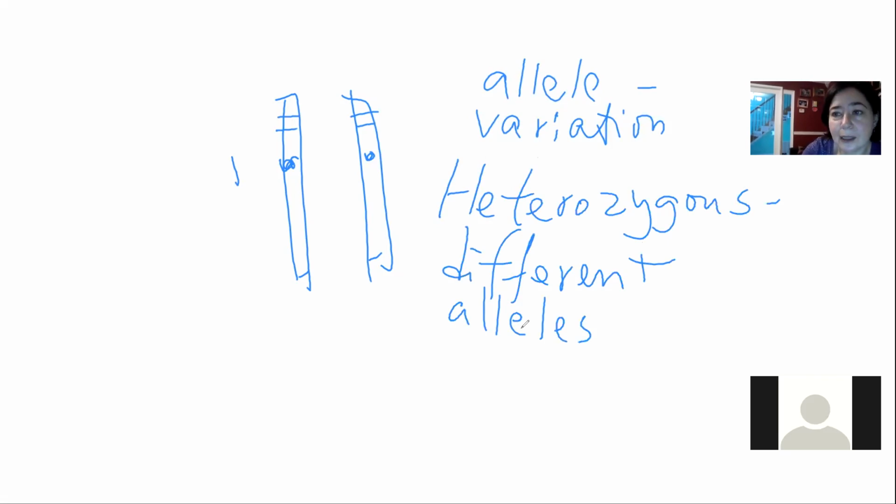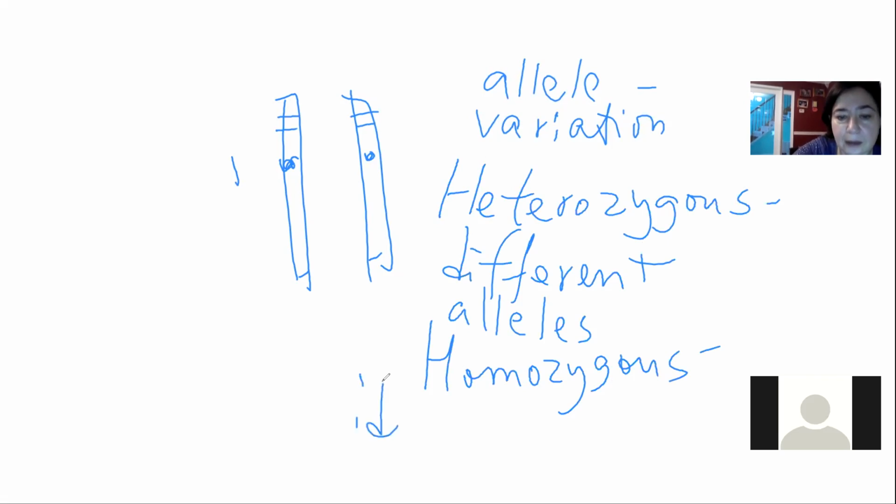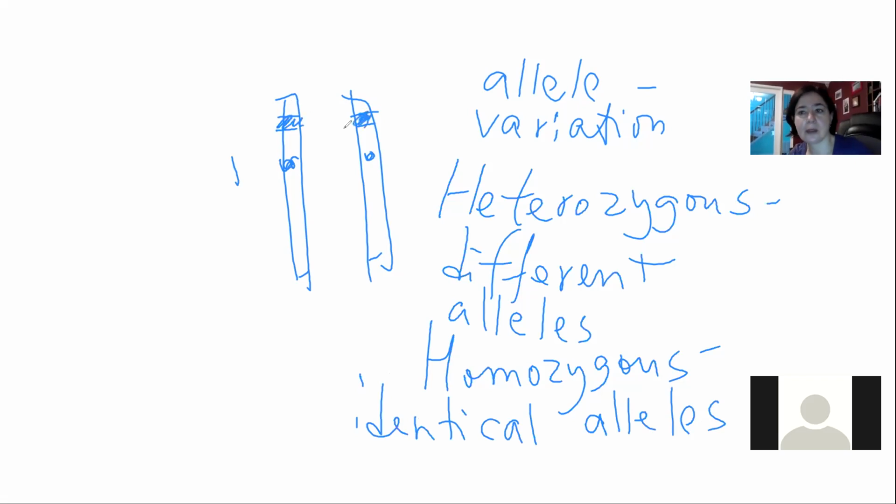If alleles are identical, like purple, purple or white, white, this condition is called homozygous, identical alleles. When it's homozygous and you're talking about one gene, it's pretty much straightforward: white, white, purple, purple.